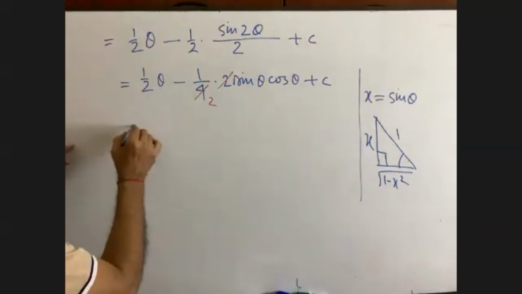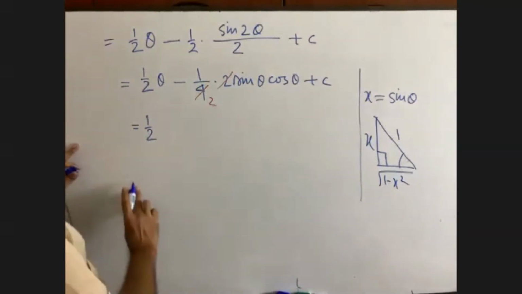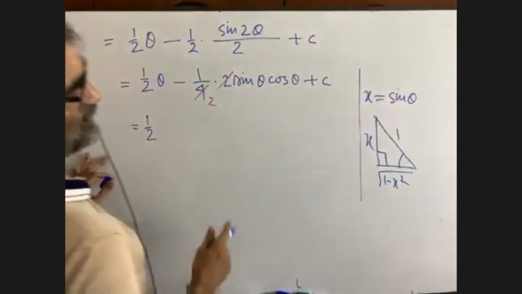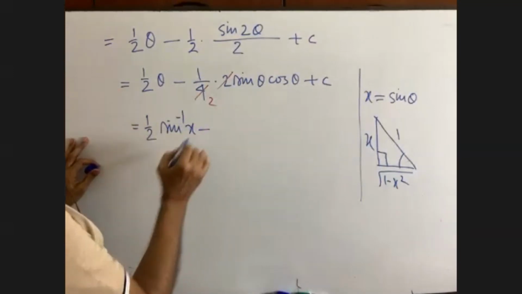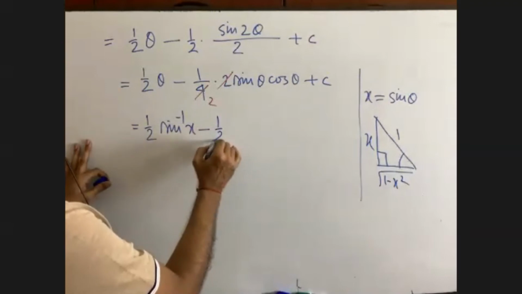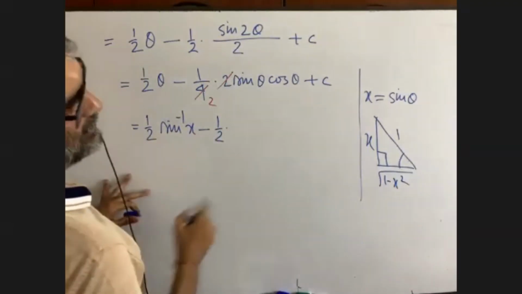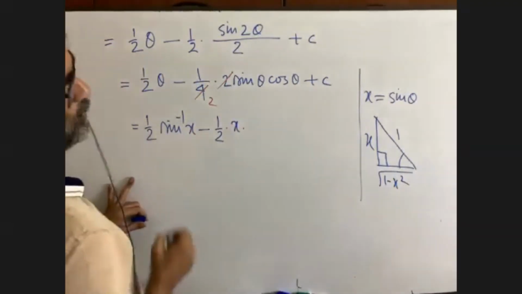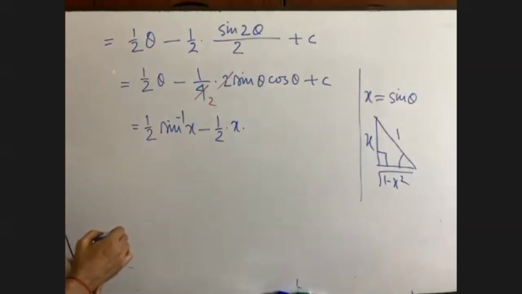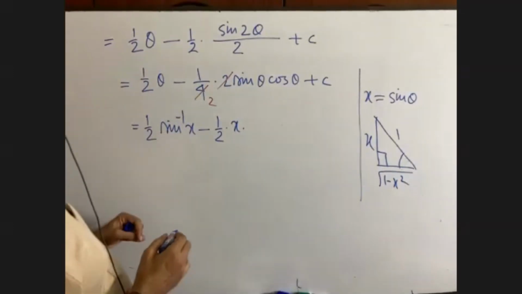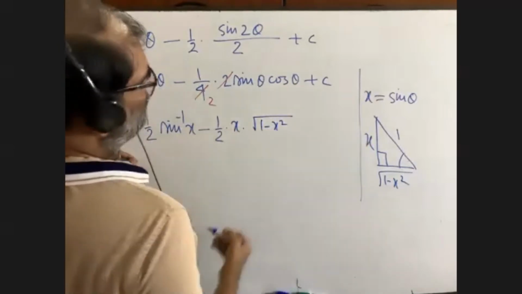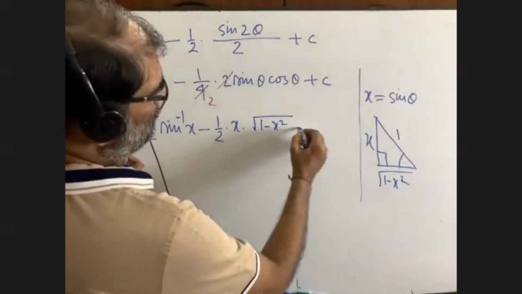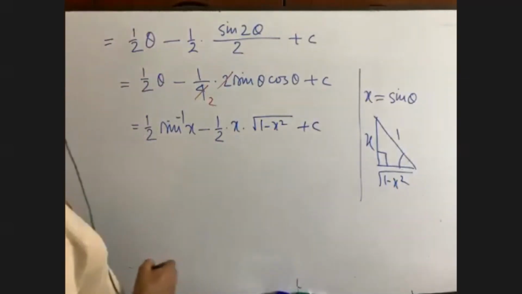Now, what is the value of theta? Here theta is sine inverse x. Sine inverse x minus, it is wholly and fully half. Sine theta is x. Cos theta is base by hypotenuse. So this is the base. Hypotenuse is 1, so we don't have any functioning. It is C.